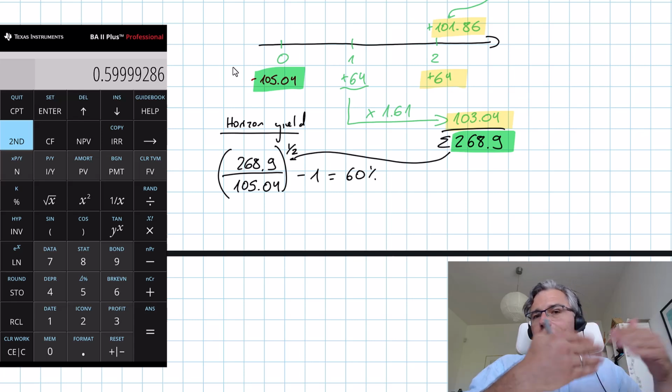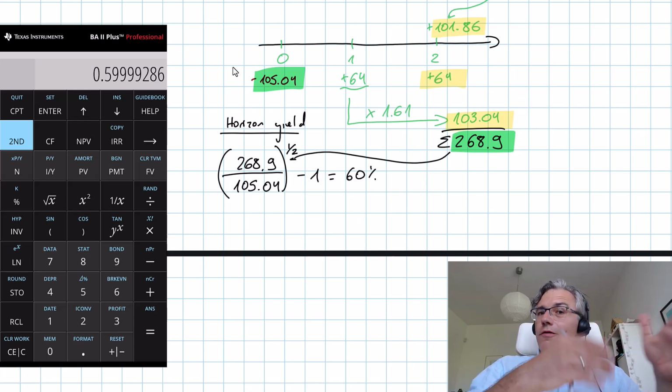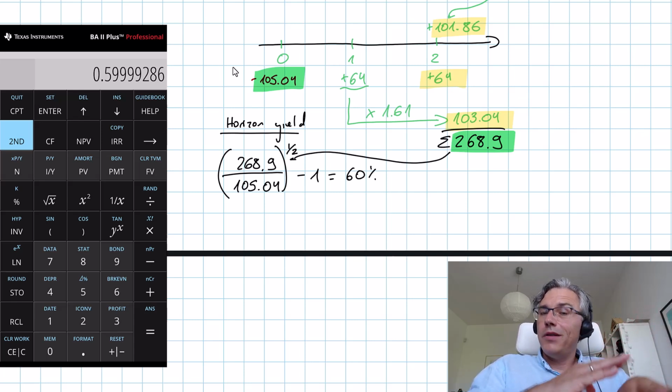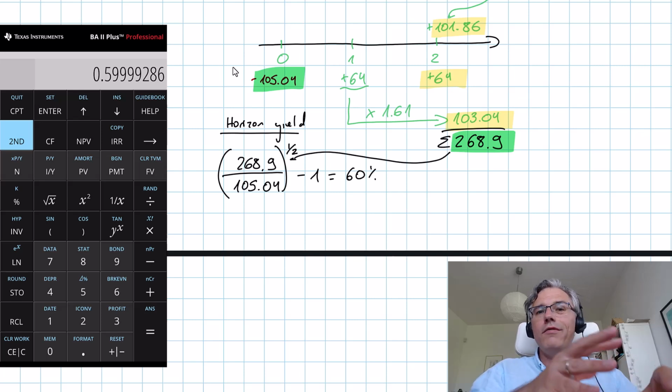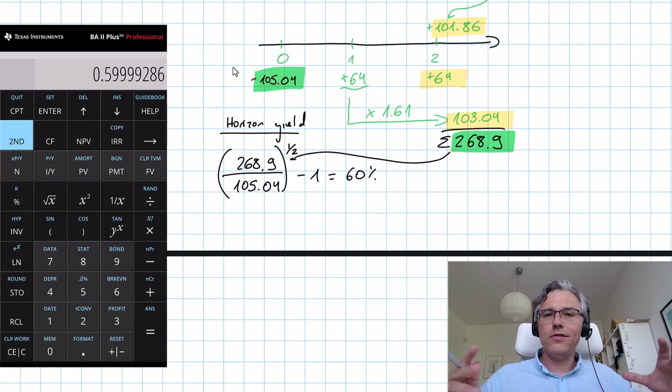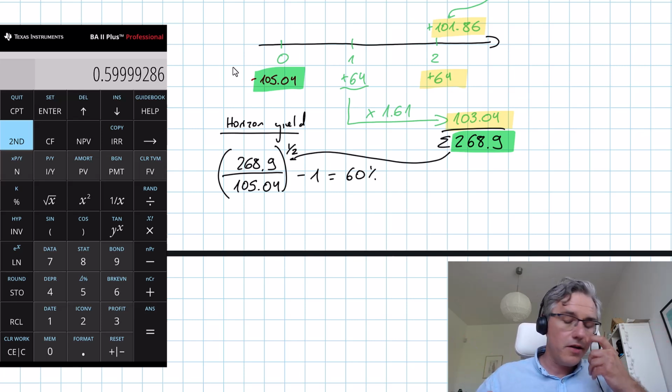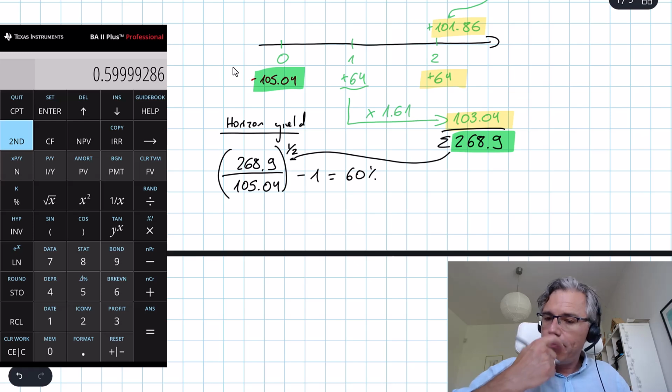And more times than not, one of those effects is going to be stronger than the other, but not in this case. The two effects will exactly offset one another, and I had to really play around with the numbers. That's why I made them so extreme, to make that possible in a very short example of just a 2-year investment horizon.